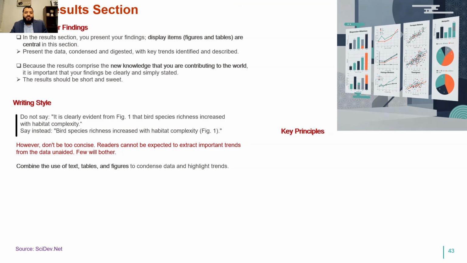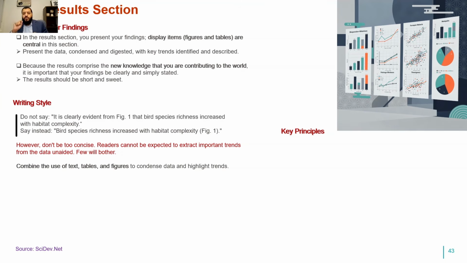However, we must balance this by ensuring we provide enough context so that the reader is not left to interpret the complex results or trends in your findings without an aid.